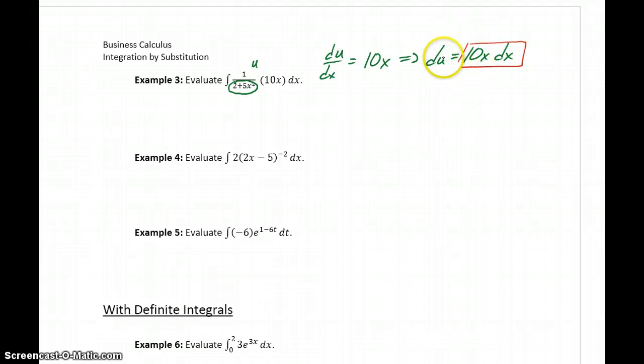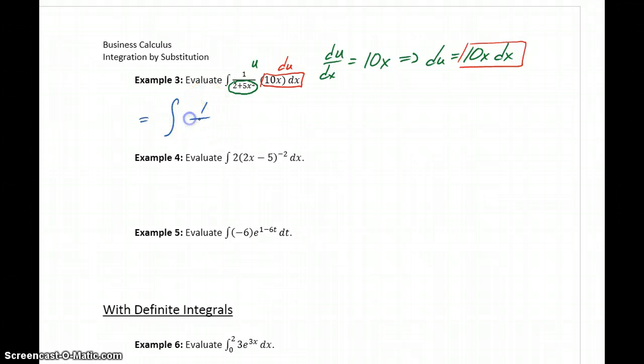So what we're looking for once we get this du isolated by itself is to find this expression somewhere in that integral so that we can swap that out and now have this du expression. Since our independent variable is now u, we want to integrate with respect to u. So we need that du statement in there to complete the integral.